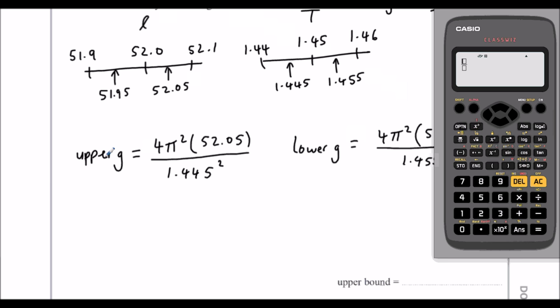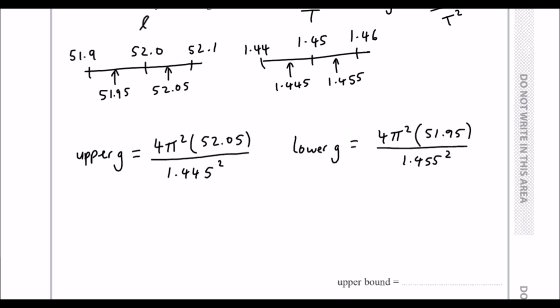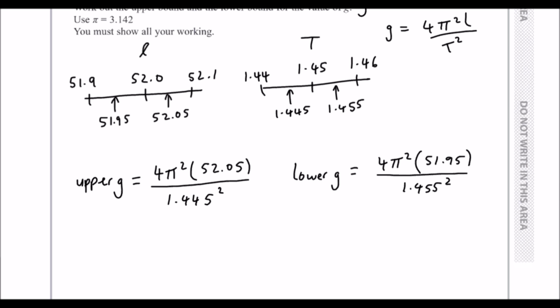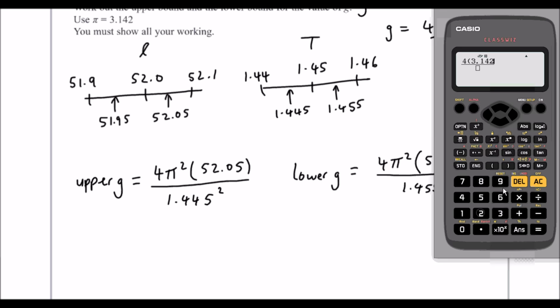So upper G is 4 times pi, which we were using as 3.142. So 3.142 squared times 52.05 divided by 1.445 squared.